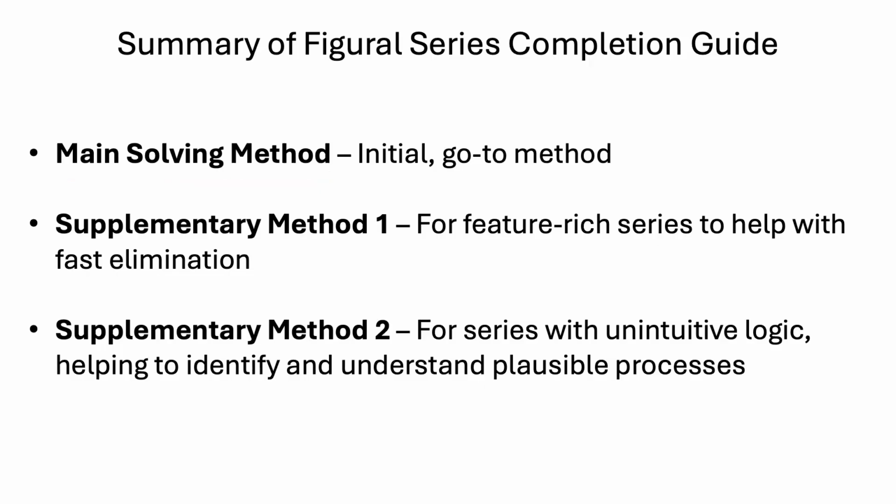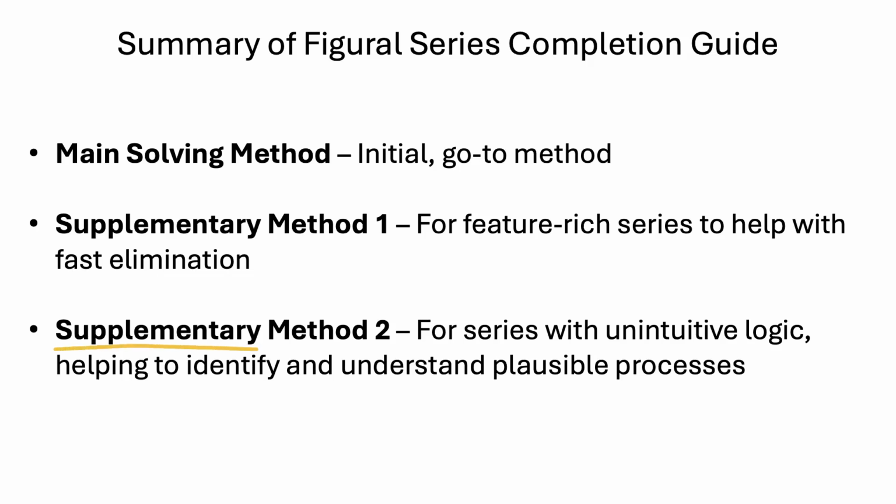But when the main solving method is lacking, we learned two different supplementary methods. The first supplementary method is for rich series to help with fast elimination. So this was our arrow problem, where we focus in on just a single feature and we look only at how that feature changes from frame to frame to help us solve the problem more easily.